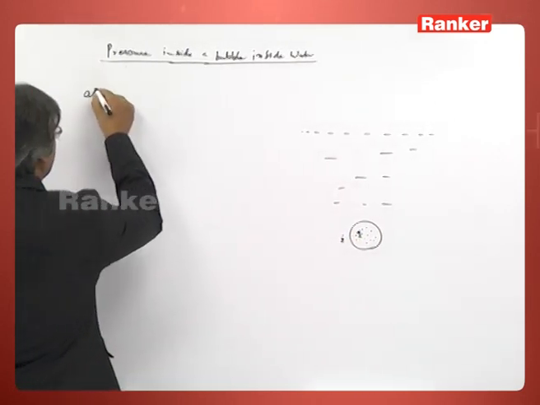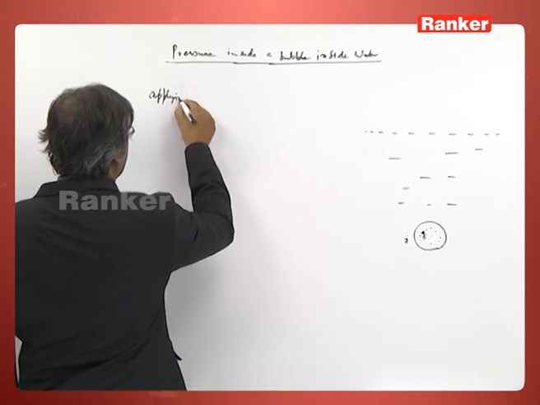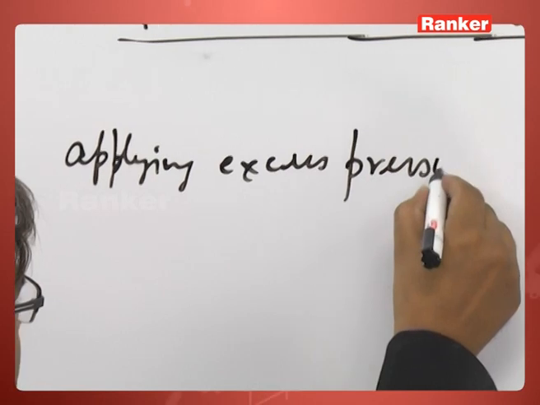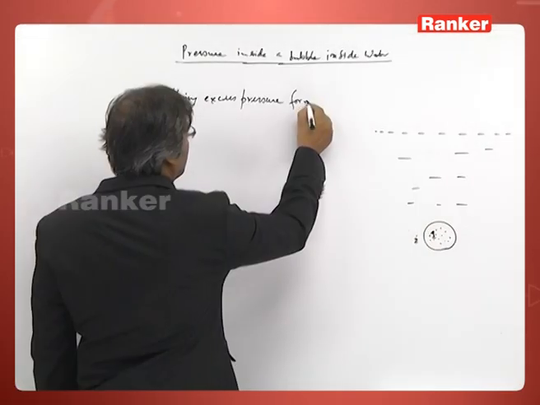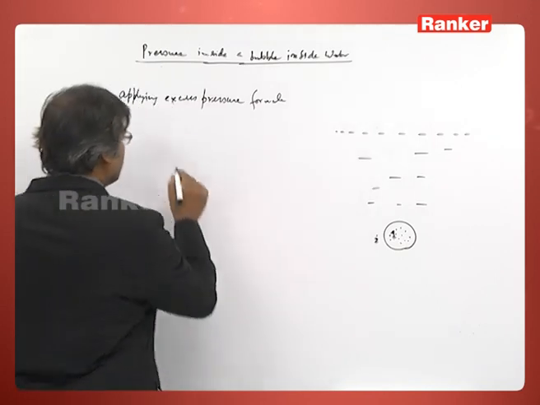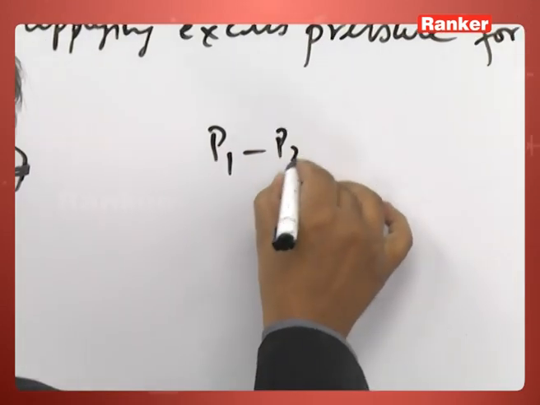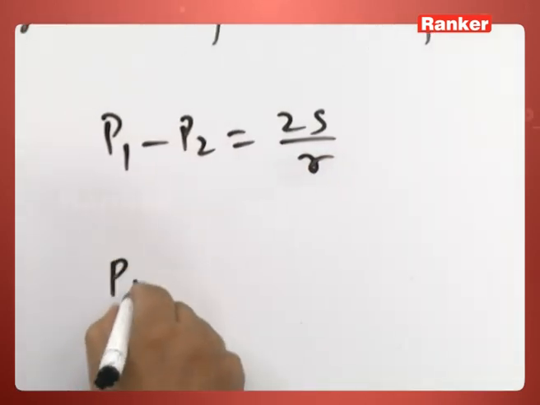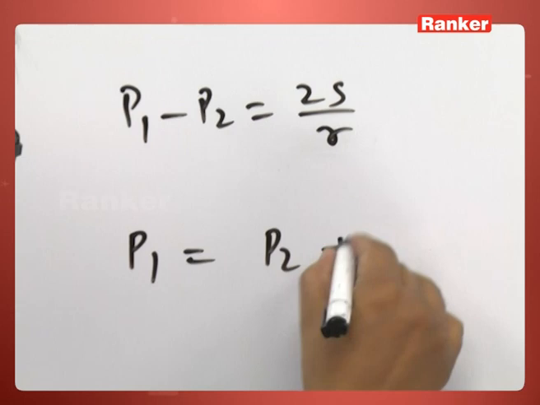Applying the excess pressure formula only, you see P1 minus P2 is equal to 2S by small r. So, P1 will be P2 plus 2S by r.